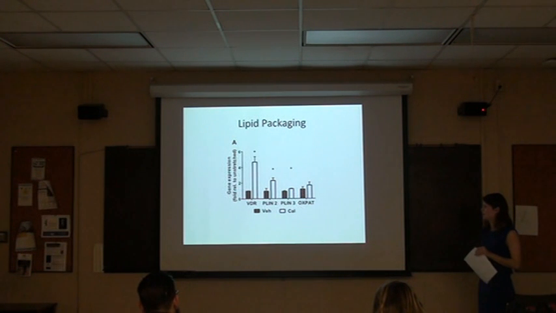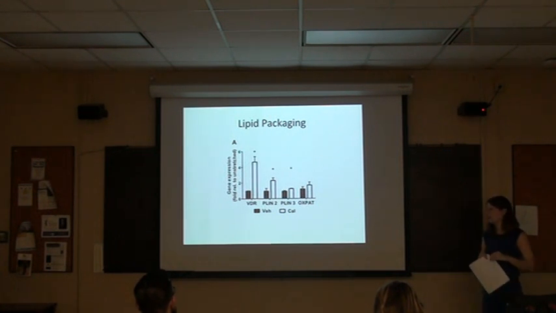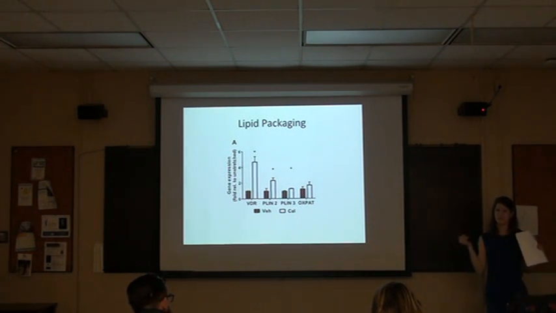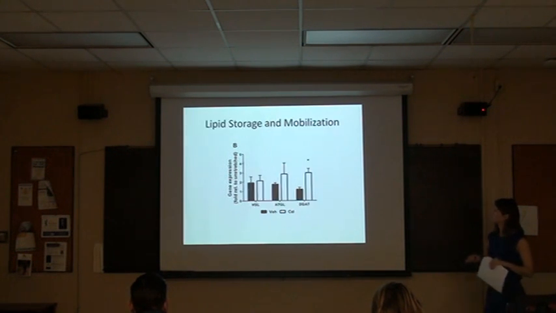So VDR, our vitamin D receptor, went up with calcitriol treatment, and PLIN 1, 2, and 3 did as well significantly, and then we did not see a significant increase in OXPAT, the oxidative one. This leads us to believe that you have increased lipid storage due to the fact that 2 and 3 significantly increased, and we didn't see a change with OXPAT. So that was beneficial to us to see the variation between the storage proteins and the oxidative proteins.